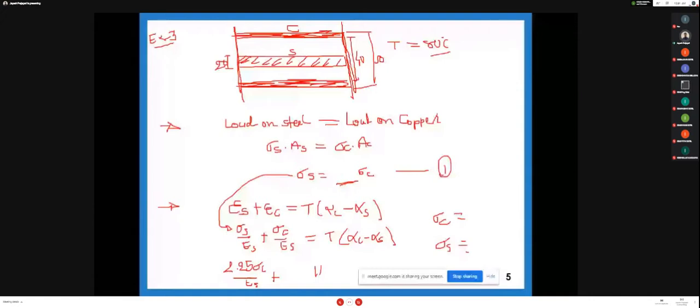Area of copper. Copper નો એરિયા કેટલો આવશે? તો કે pi by 4 50 square minus pi by 4 40 square. ટ્યુબ છે. Divide by pi by 4 20 square. So this answer nearly 2.25. And this one you can put here.